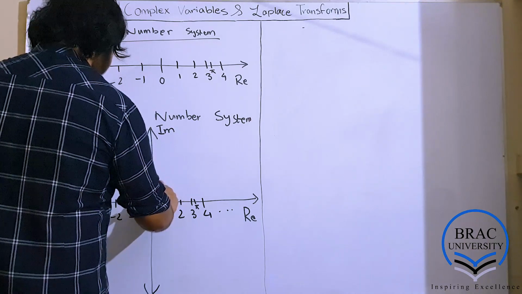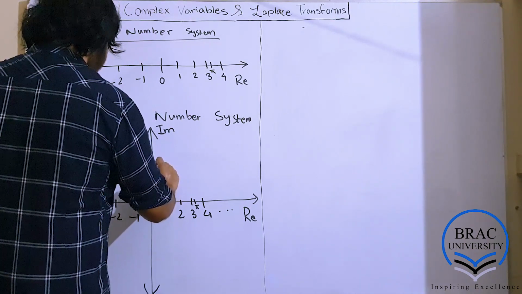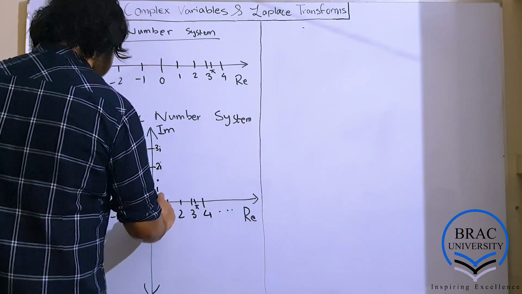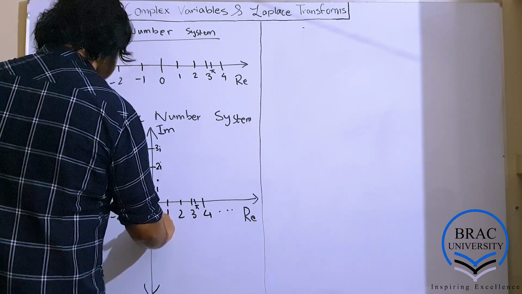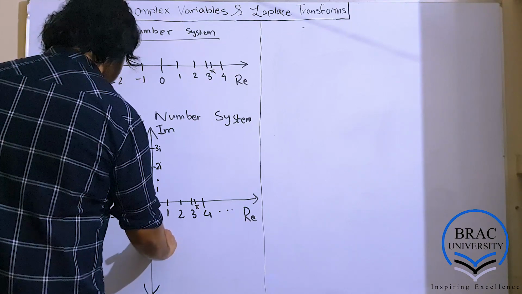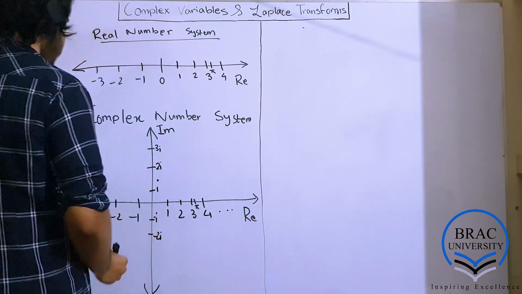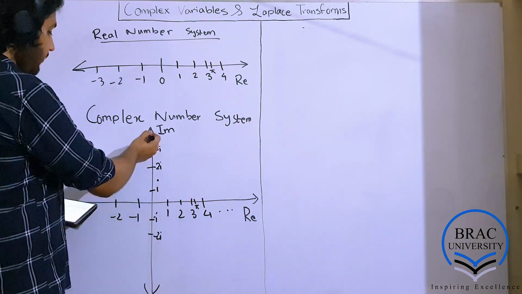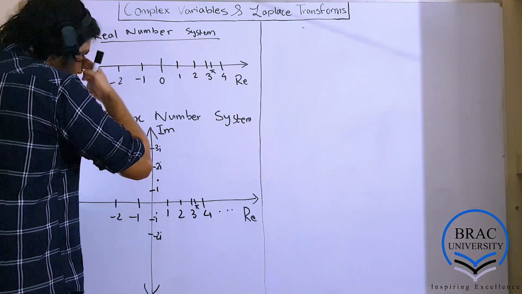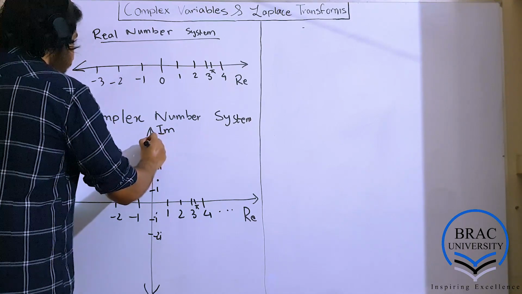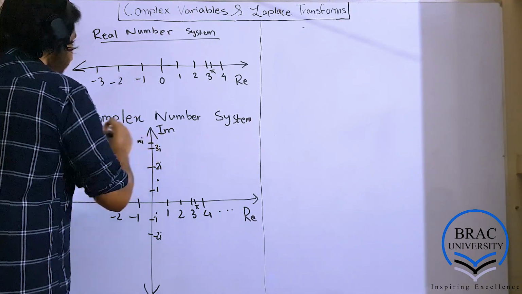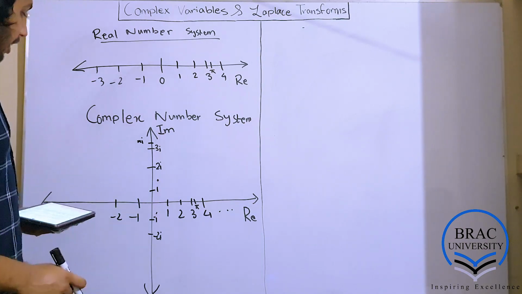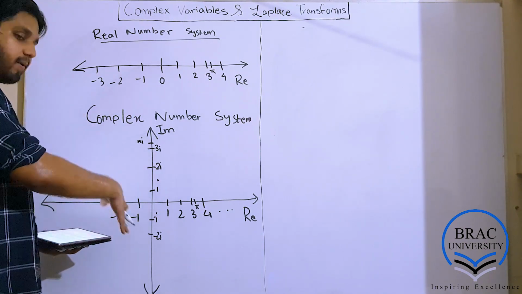Here you have i, 2i, 3i. And here you have the negative imaginary numbers, -i, -2i, and so on. Again, since we're going on tradition, let's include a pi i counterpart. Here you have pi i. So now you have a visual representation of what the complex plane looks like.